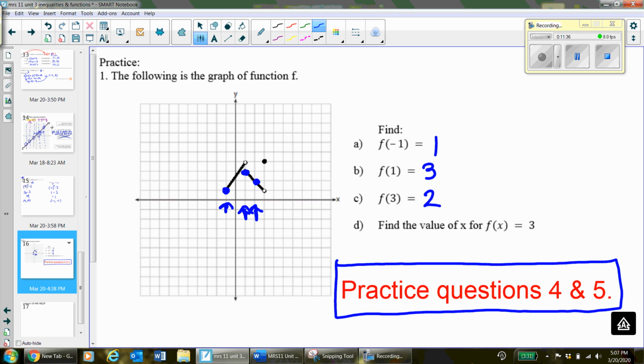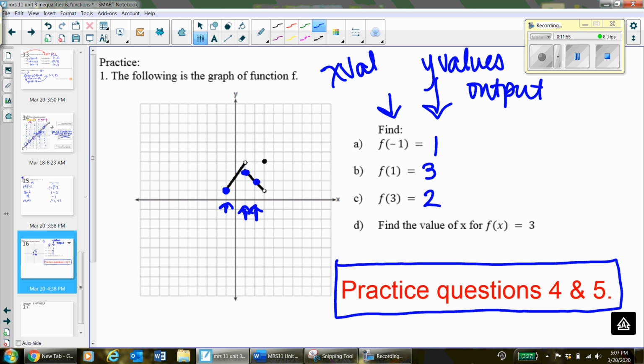So it says find the value of x for part D for f of x equals 3. So remember, all the values on this side of the equal sign are my y values or my output.